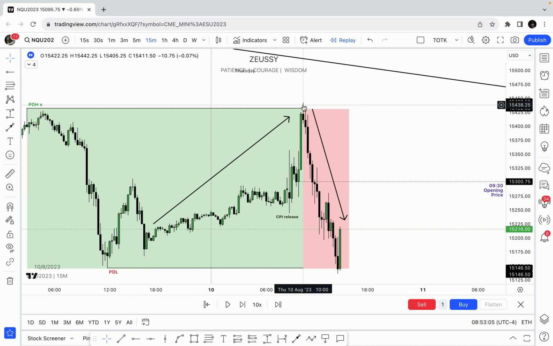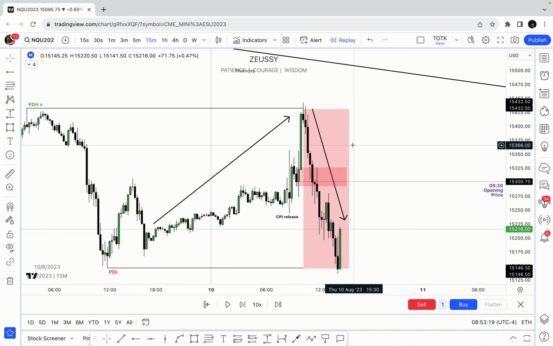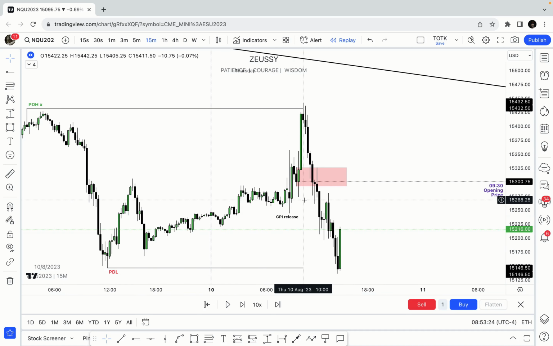Purges previous day high. SMT with ES. Sells off. Bearish breaker here. That's a short. CB here. That's another short.